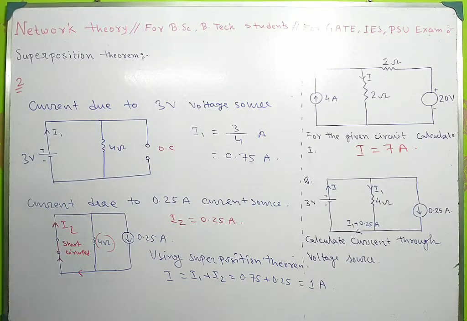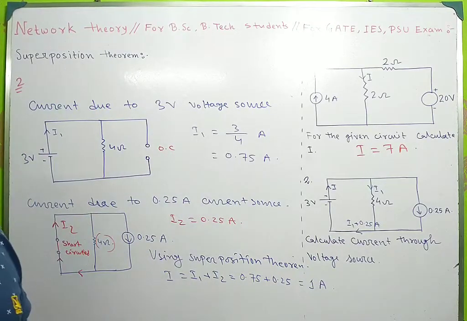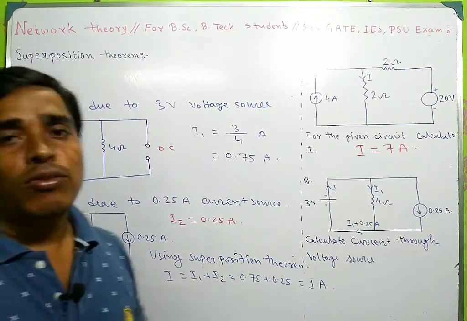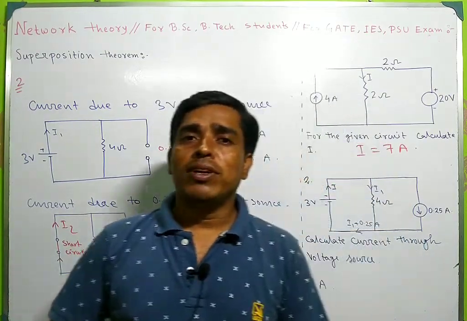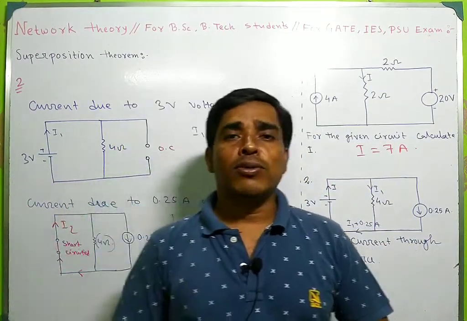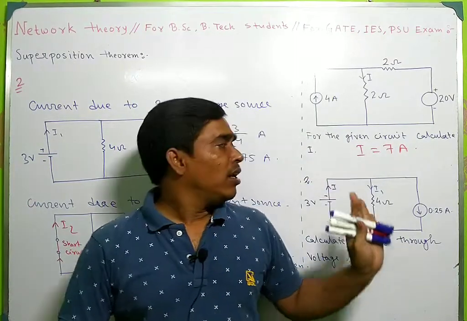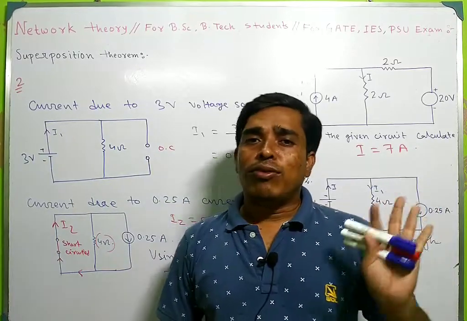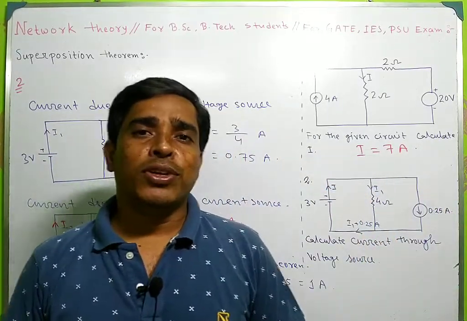So the current through this 3 volt energy source is 1 ampere. So in this way we can solve this type of problem using the superposition theorem. In the next class I will solve another 3 or 4 problems related to the superposition theorem.